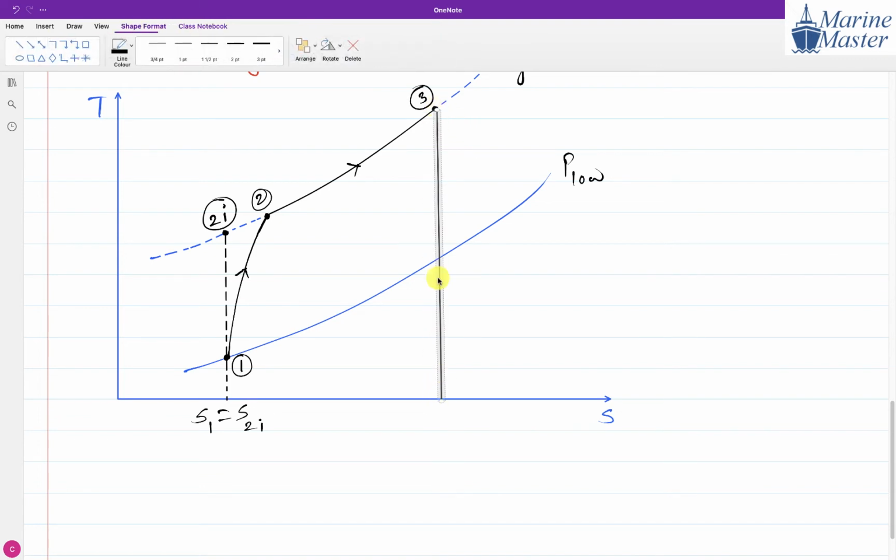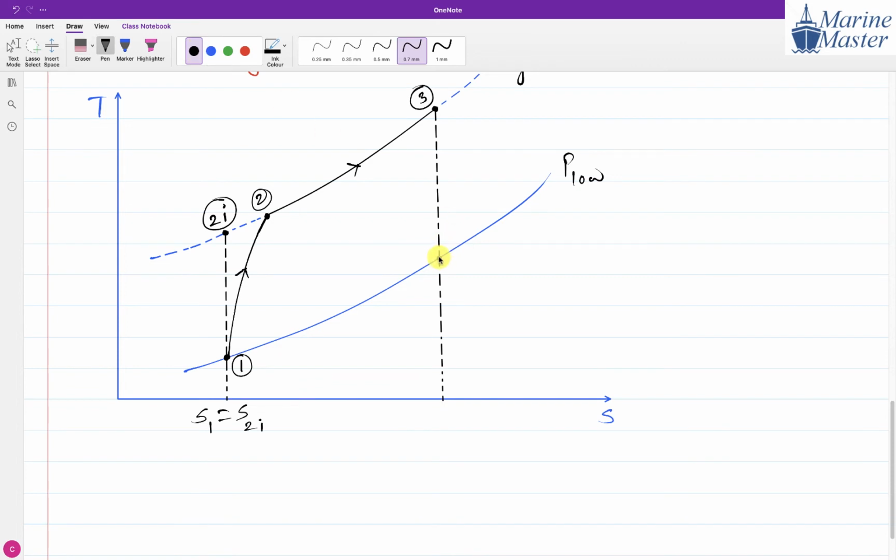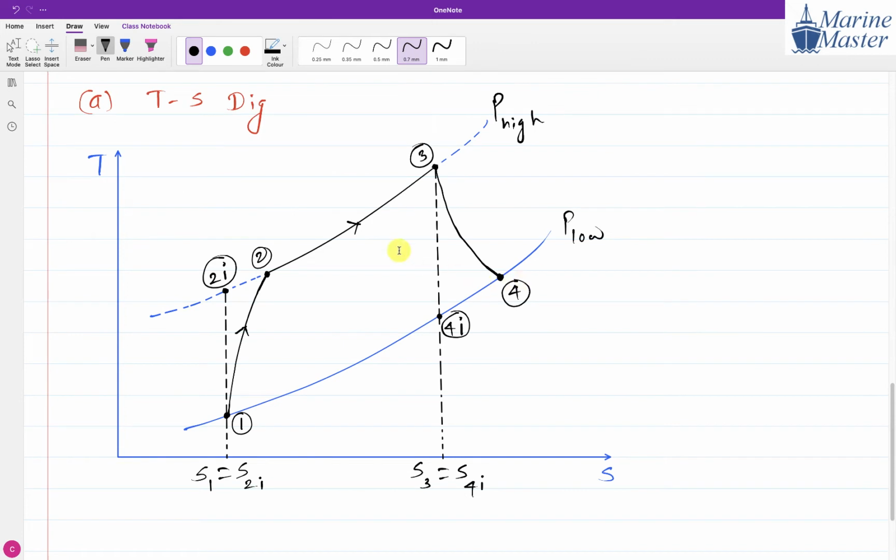Understanding these concepts is very, very important, then you have to memorize fewer things. I am making it a dotted straight vertical line, and this will be our point 4i. Here S3 is equal to S4i. And then 3 to 4 will be non-isentropic expansion.